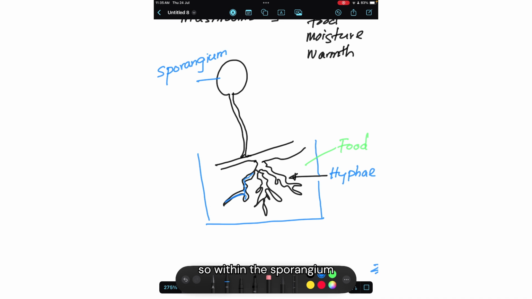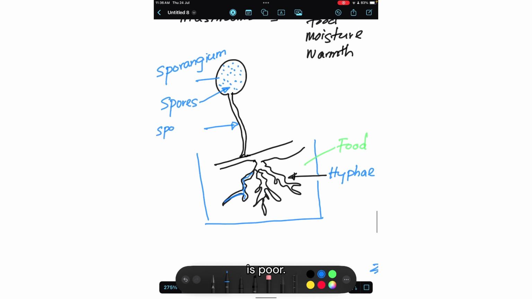So within the sporangium, you can see a lot of spores inside. So what do spores mean? They are the reproductive material. And this arm we call the sporangiophore.